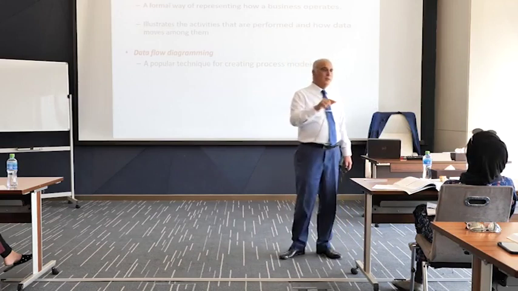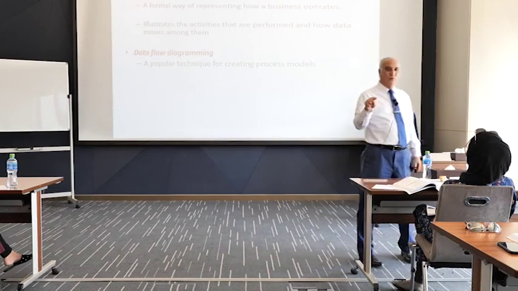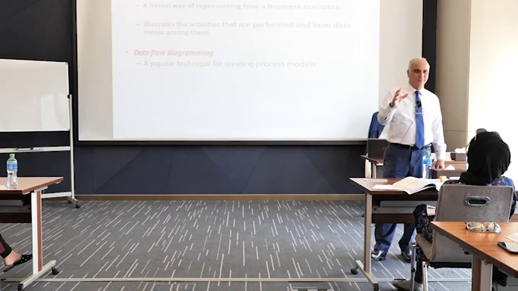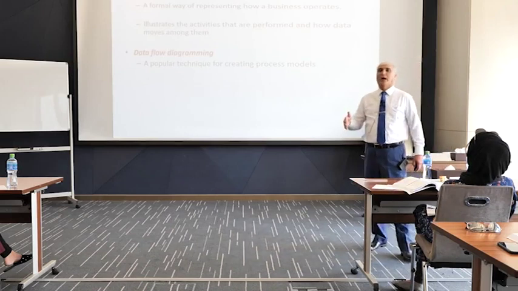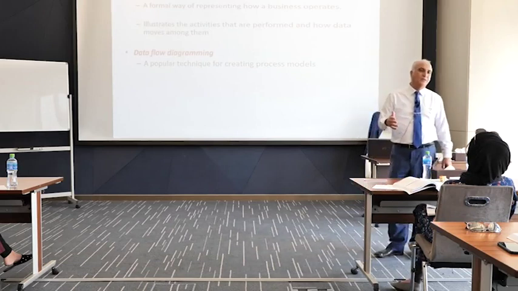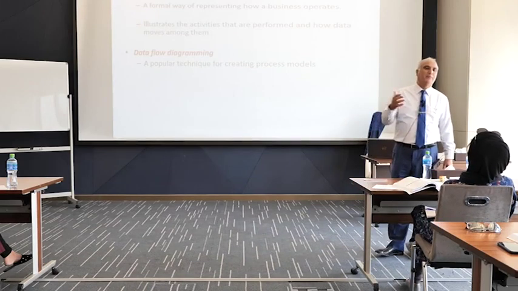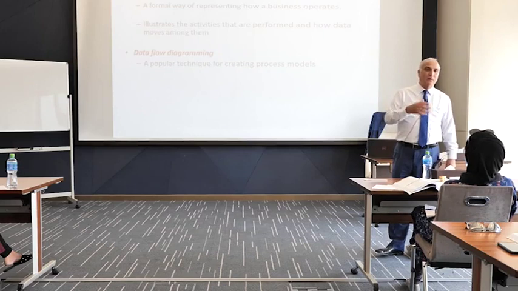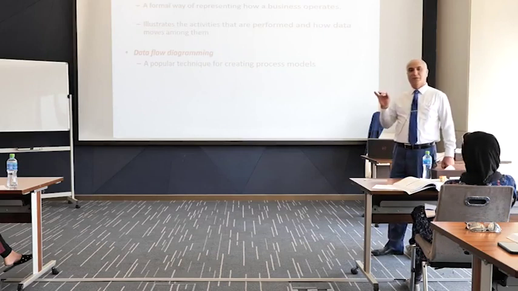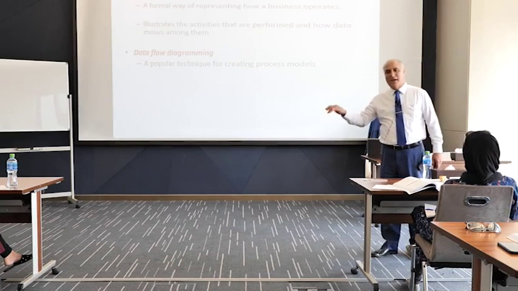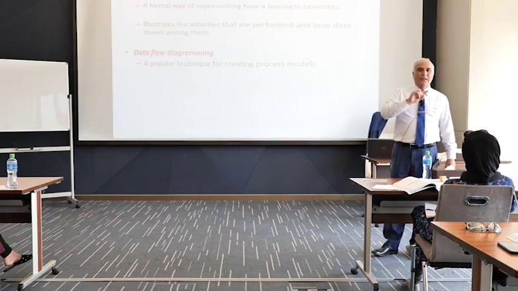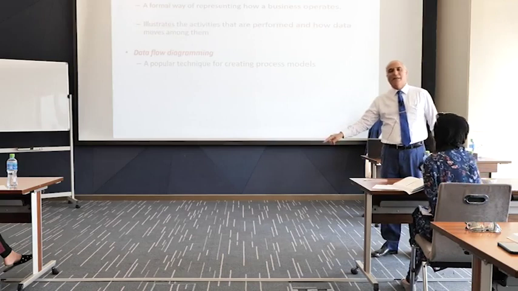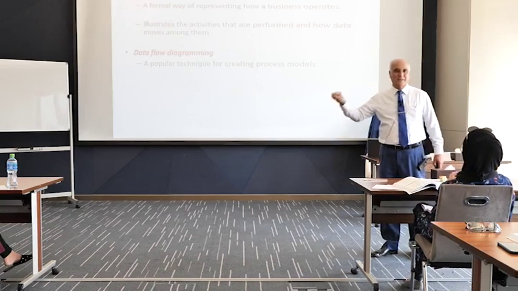In other words, data is initiated from whom? From a person. Could be a customer, your business partner, or a supplier. We call that external entities. That customer, when he interacts with the system, is getting the data into a process.